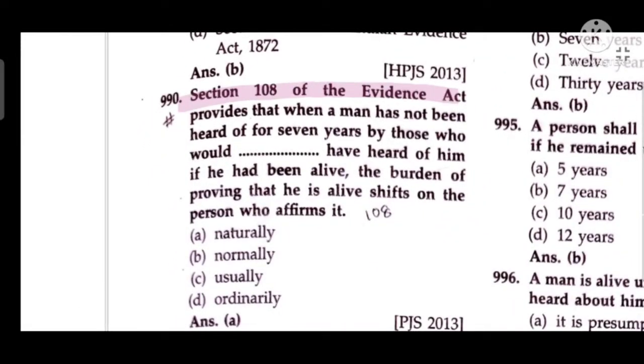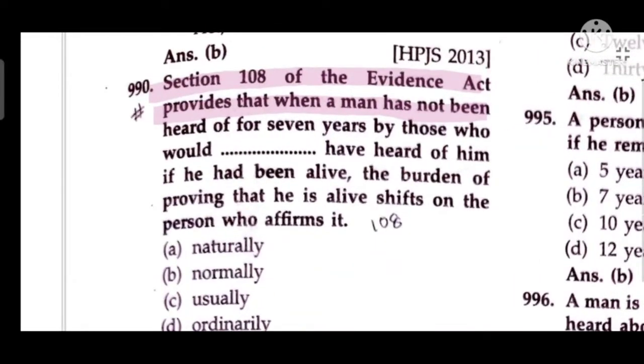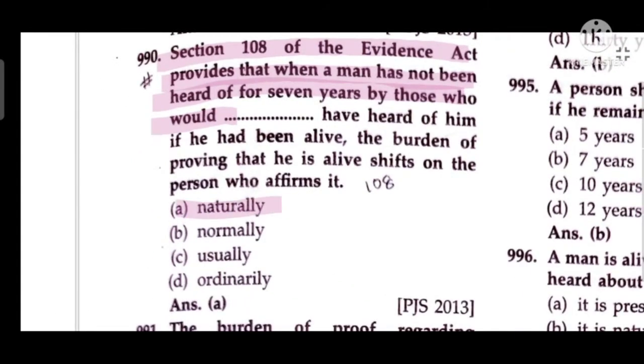Section 108 of the Indian Evidence Act provides that when a man has not been heard of for 7 years by those who would naturally have heard of him if he had been alive, the burden of proving that he is alive shifts to the person who affirms it.